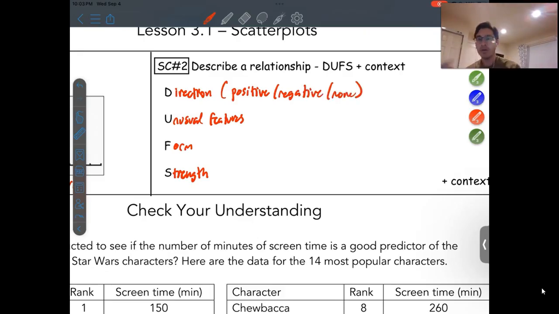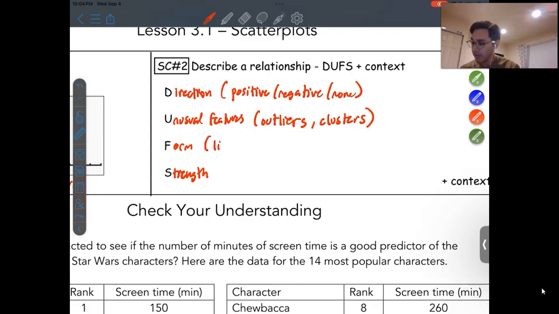All right. What sort of things should you be on the lookout for as far as unusual features? So definitely outliers. These would be points that don't really follow the pattern. As well as clustering, groups of points that cluster together. For form, you only really need to identify two types of forms.